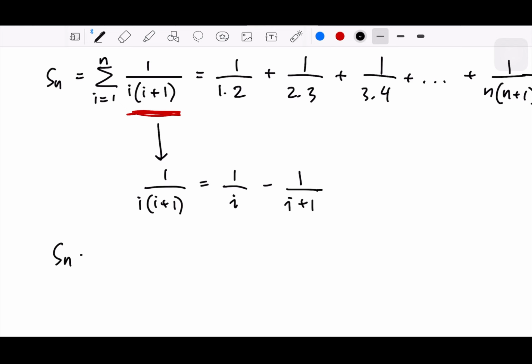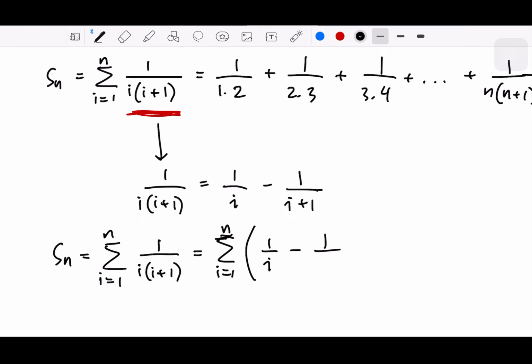And then if we try to look at one more time using this already been decomposed by partial fractions, we can see our sum this becomes 1 over I and 1 over I plus 1.